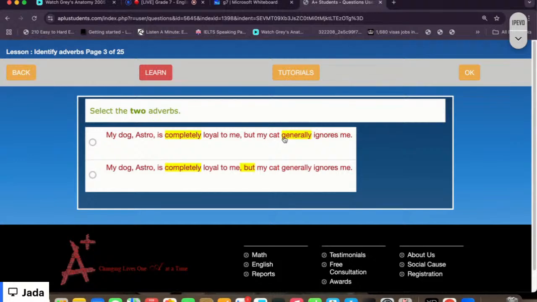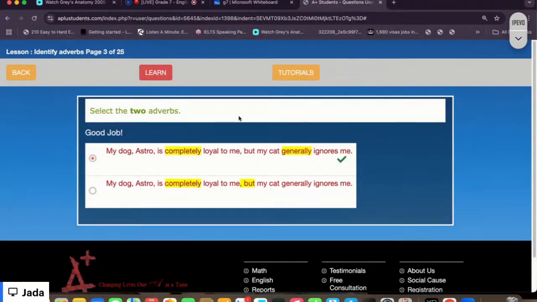What are the two adverbs here? All right, so we have completely and generally.